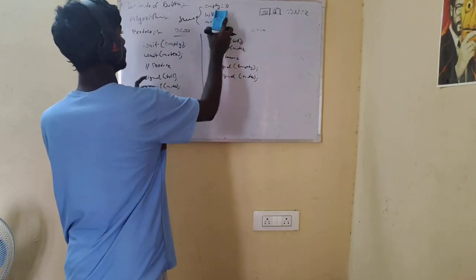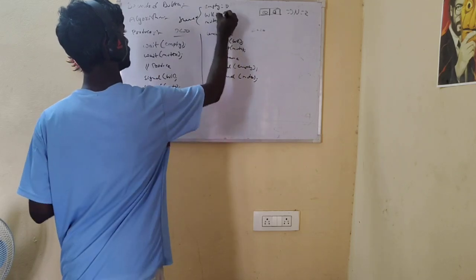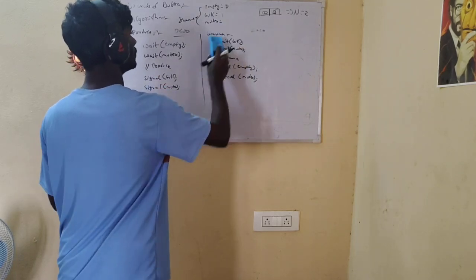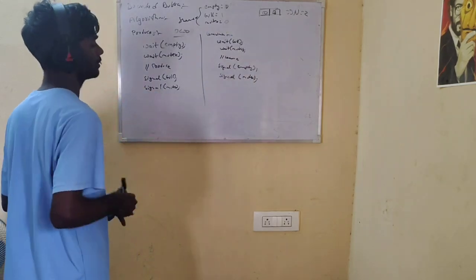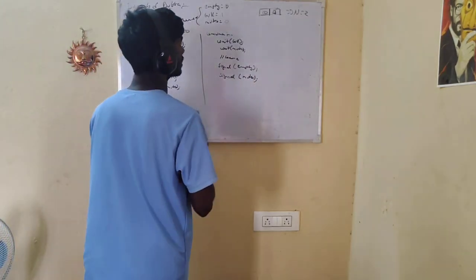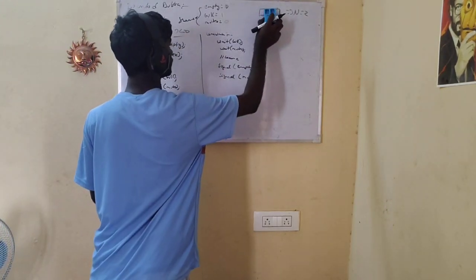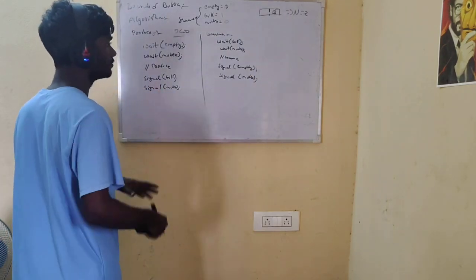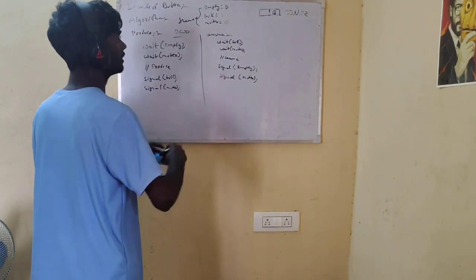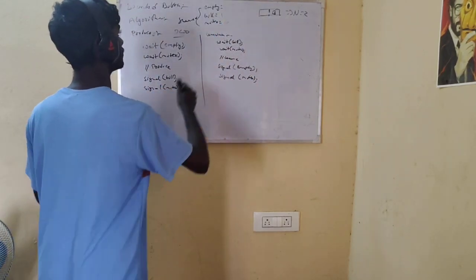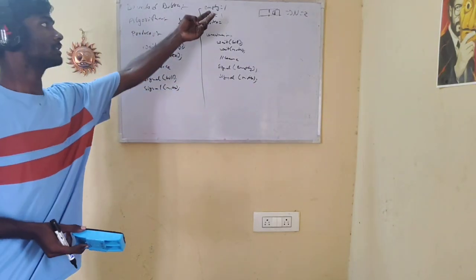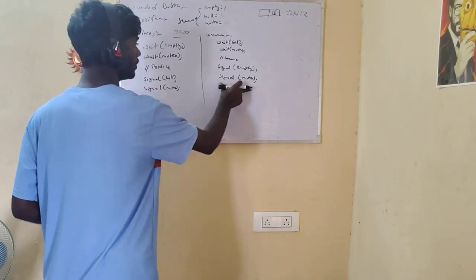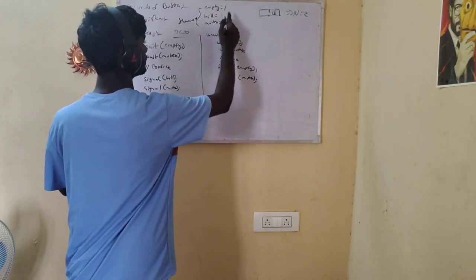So full will become 1. Wait of mutex: 1 less than or equals to 0, false, so it becomes 0. The consumer has consumed 10, and then signal of empty. Since it consumed 10, the empty value will be set to 1. Signal of mutex, the value will be set to 1.